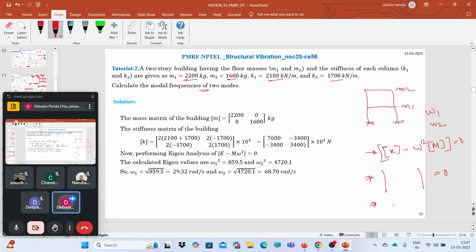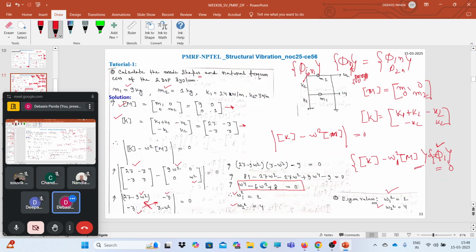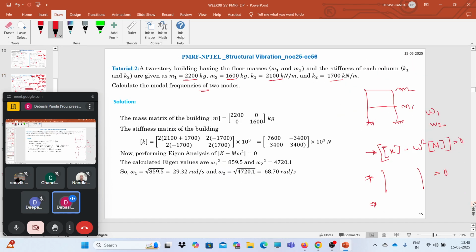You will have an equation, and solving it you will find the values of omega 1 and omega 2, like what we did in the first example. You will have two roots, omega 1 square and omega 2 square, and the square roots of those will give you the values of the two frequencies.